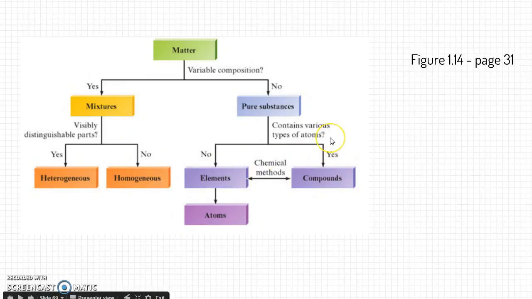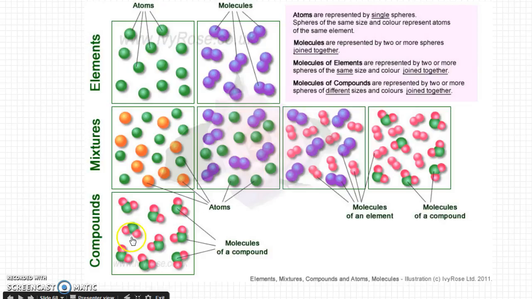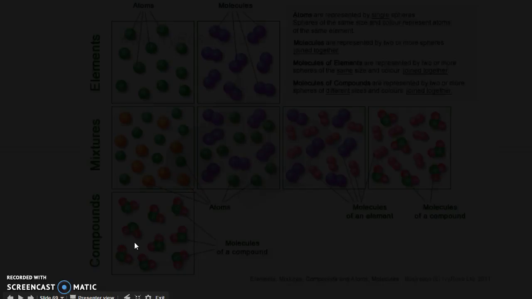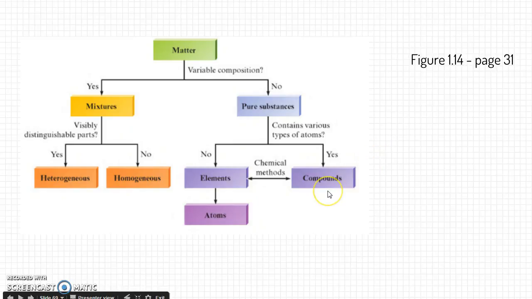If yes, there are various types of atoms, for example, here, the pink and the green, then it's a compound. And then elements can be broken down into atoms. Mixtures: are there visibly distinguishable parts? If yes, then heterogeneous. If no, homogeneous.